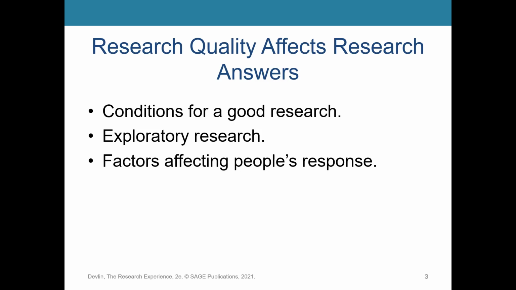And the thing you have to consider when you're doing exploratory research is factors that influence people's responses, right? So just by merely sitting somebody in a room and asking them questions, that could affect how they respond to you. They might have some social desirability. They don't want to be that open with you, that honest with you.